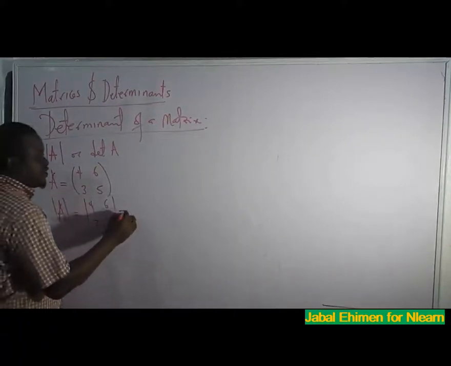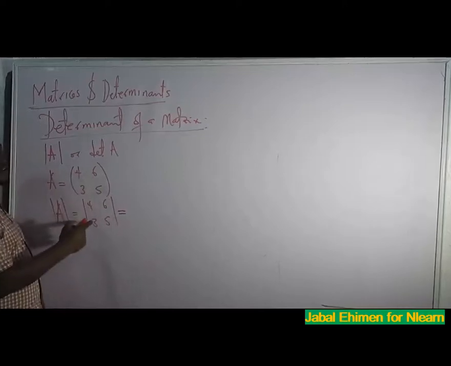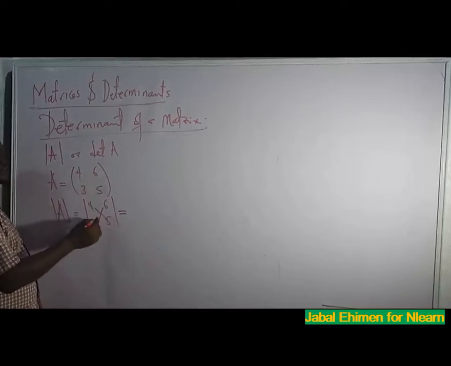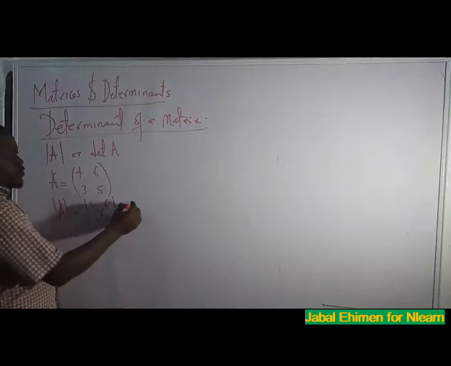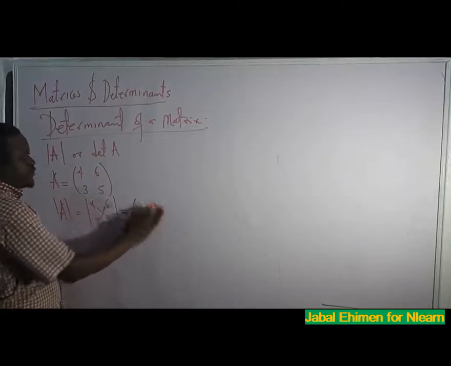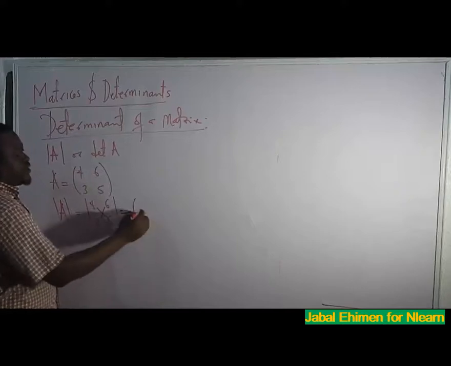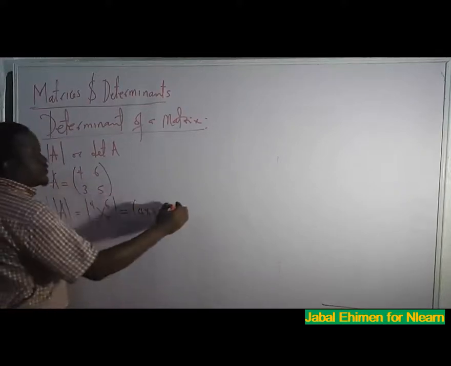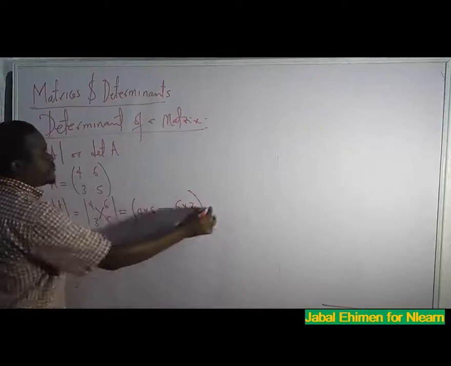Now what does that mean? It shows that this matrix now becomes the principal diagonal times the other diagonal. That becomes 4 times 5 minus 6 times 3. Depends on you.